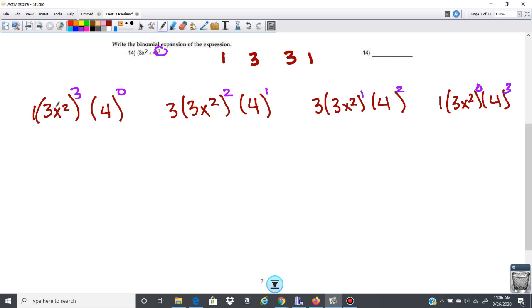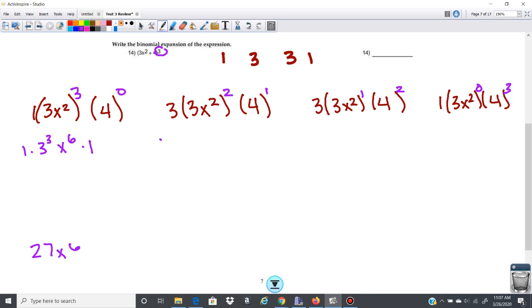So here you have 1 times 3x squared cubed times 4 to the 0. So this is 1 times 3 cubed, x to the 2 times 3, 6, and 4 to the 0 is 1. So this is 27 x to the 6th.